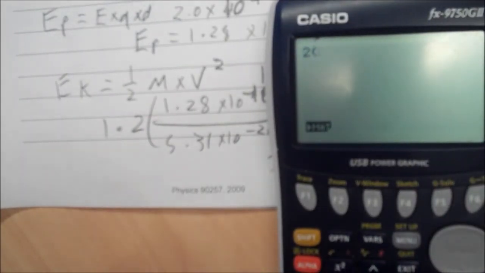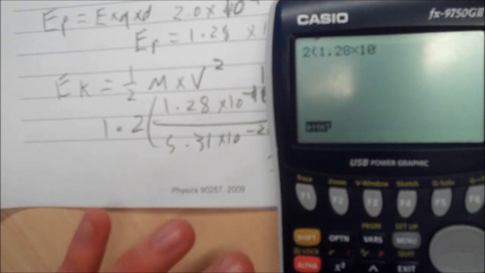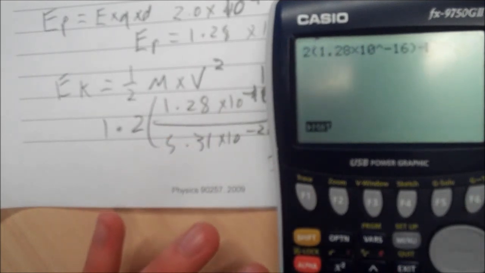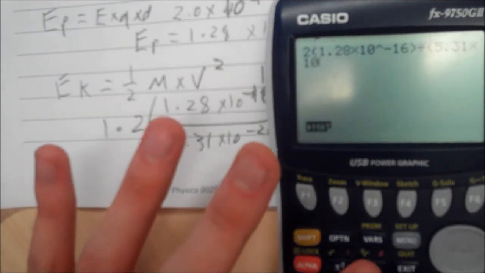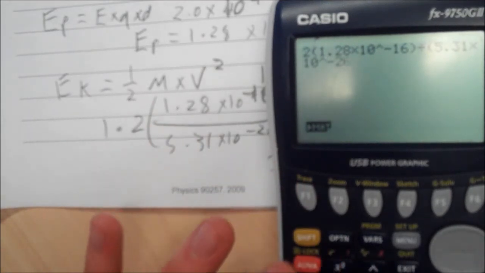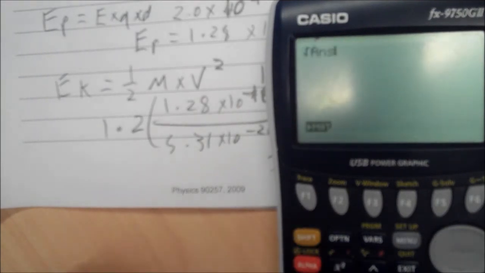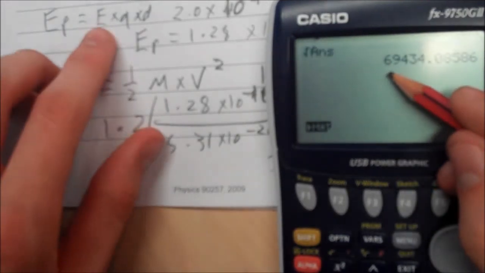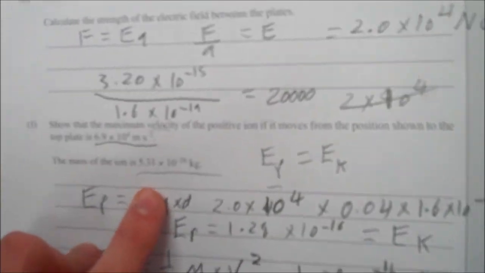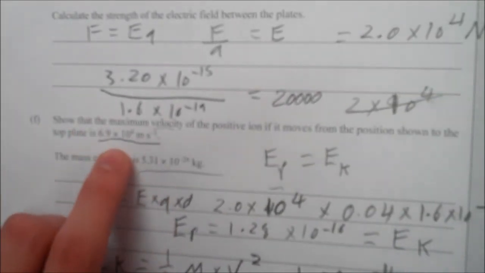2 times 1.28 times 10 to the negative 16 divided by 5.31 times 10 to the negative 26. That's very big as well, and we take the square root, and that gives us the 6.9 that we need to get this.